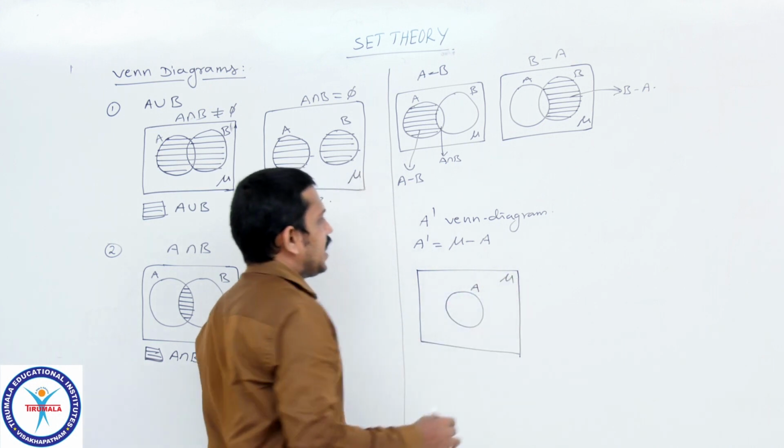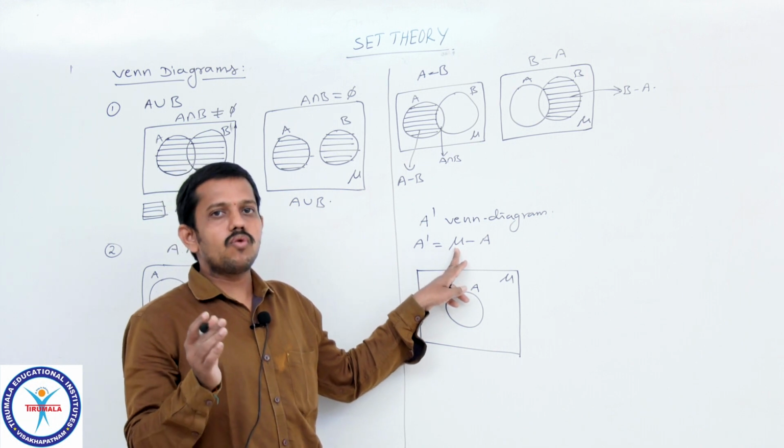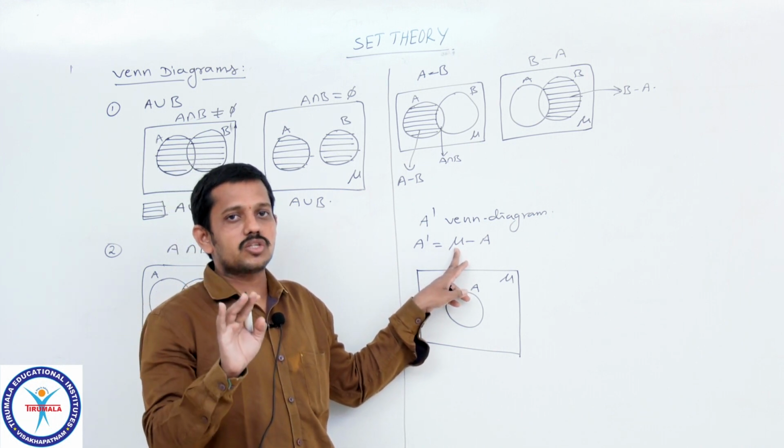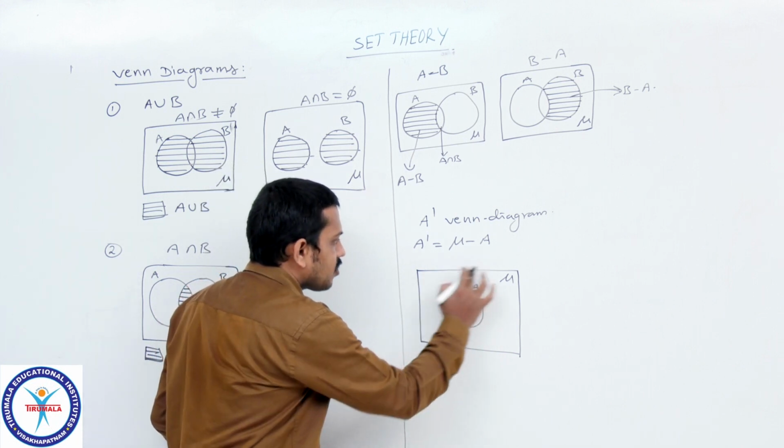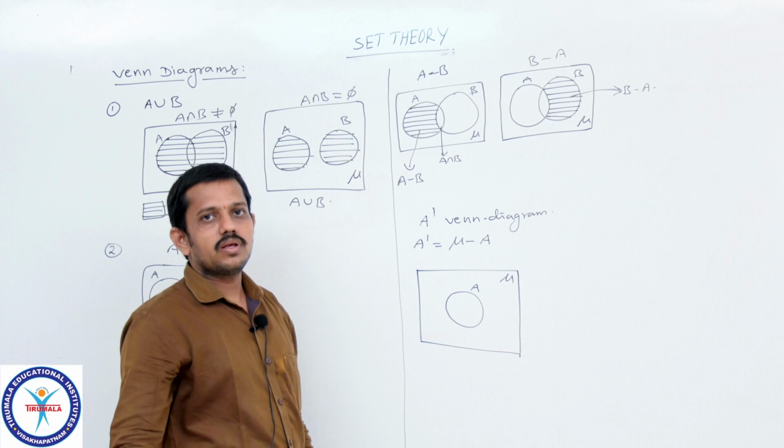Now, the region which belongs only to the universal set and does not belong to set A. But here the region of set A is also included in this rectangular region.